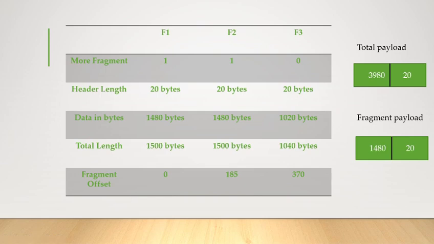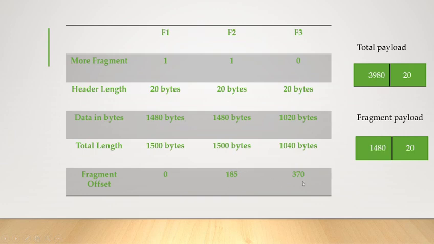And the fragment offset indicates the data which is already received at the receiver side. If it is set to 0, that means no data was received previously for the same datagram, and if it is set to some number, that means data related to the same datagram has already been received. This fragment offset represents the data received, but the actual size is not mentioned here; it is represented in units of 8, so by dividing 1480 bytes by 8 we get this number.